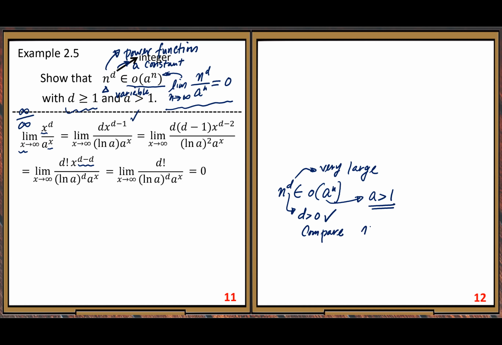One is n to the 1 million. Another one is a to the nth. Because for a, we only need it to be greater than 1, I use 1.01 to the nth, right?